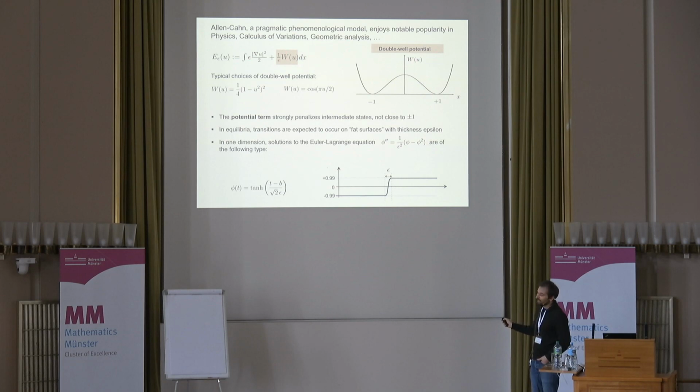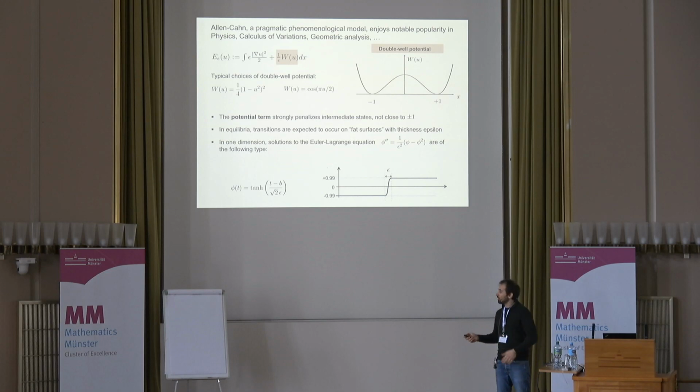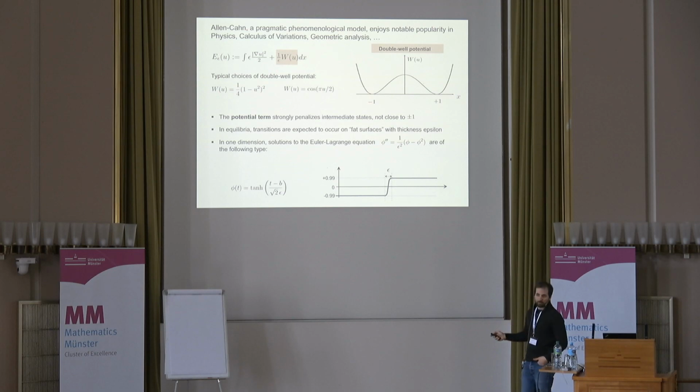So this penalization forces functions that try to minimize this, or try to be a local minimizer, to be very close to -1 and +1 most of the time, right? And then what you expect, at least for minimizers, you can justify this very well, in equilibria, is that the transitions will occur on fat surfaces with thickness epsilon, as we saw.